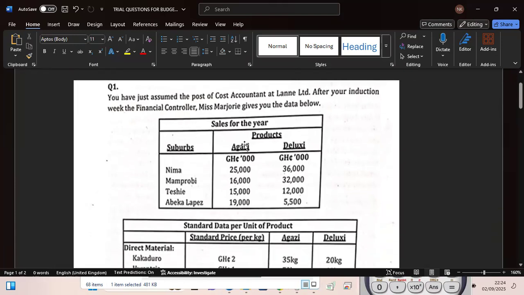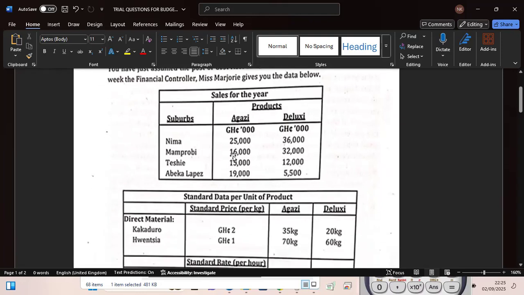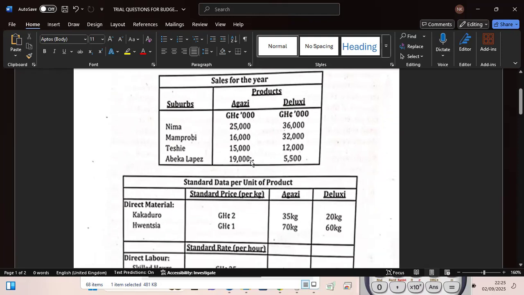So this data consists of the sales for the year. So you sold some at Mamprobi, Teshi, Abekan Pass, where the product here is Agazi and Deluxe, right? So here they are with their values, so the sales value is what you are seeing here.